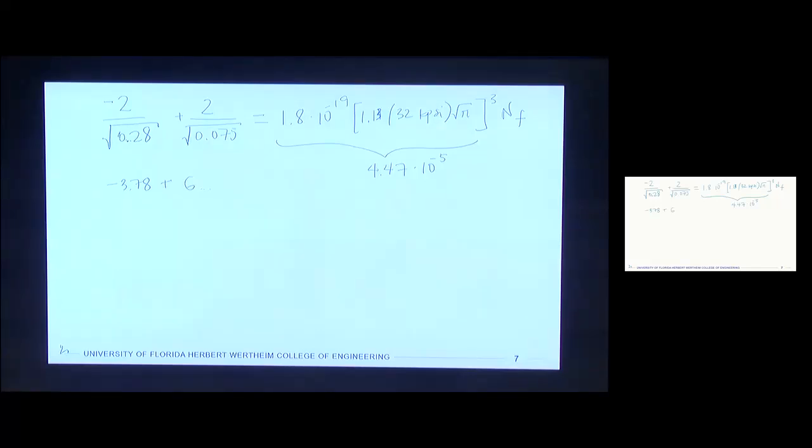Okay, sorry about that. It's 6 something. And so this side comes out to be 3.16, okay, is equal to 4.47 times 10 to the minus 5 times NF. So now we have one equation, and we can solve for NF.